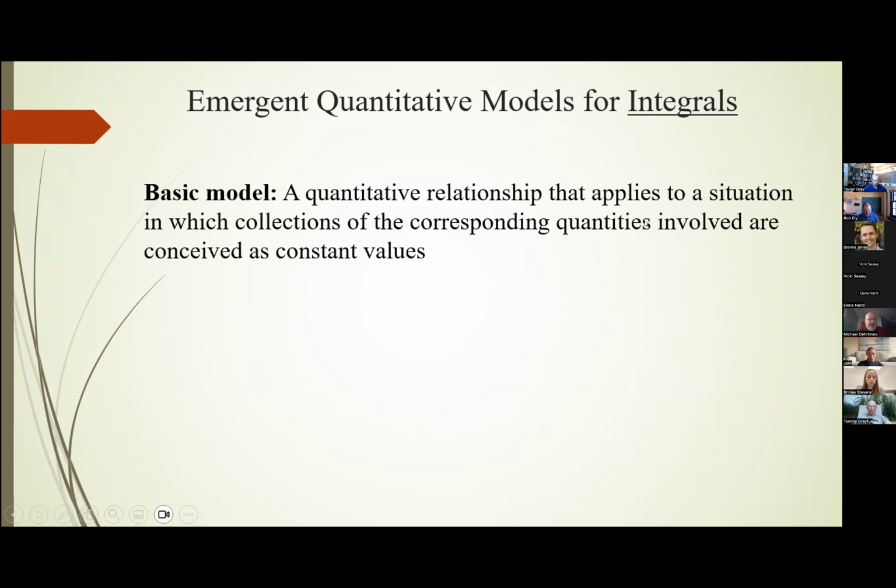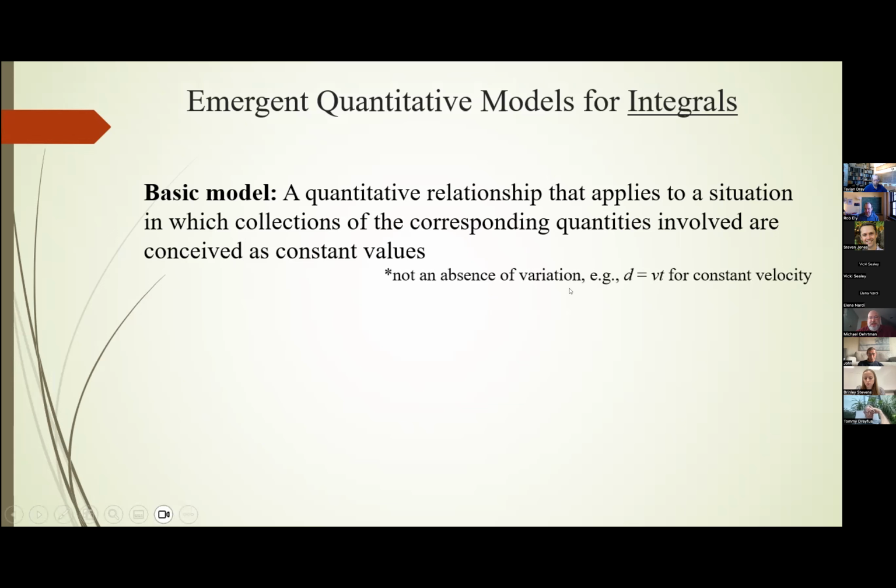So for us, a basic model is what students will primarily think about when they approach a situation. For example, distance is velocity times time, where for any set of corresponding quantities, those individual values can be considered constant.